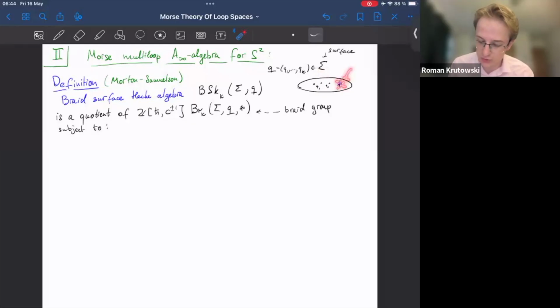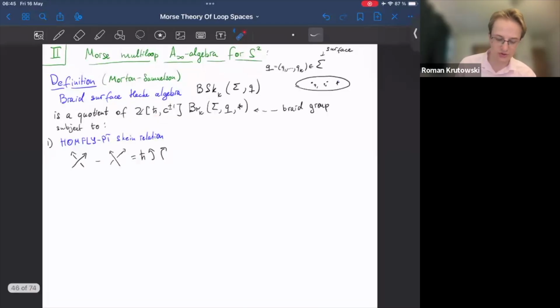So this blue star here is a puncture, and say you have kappa fixed points on it. So you take the group algebra of the braid group of this punctured surface with respect to these two formal variables, and you introduce two relations.